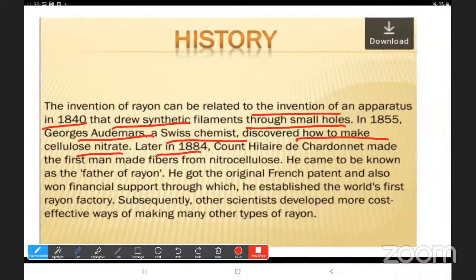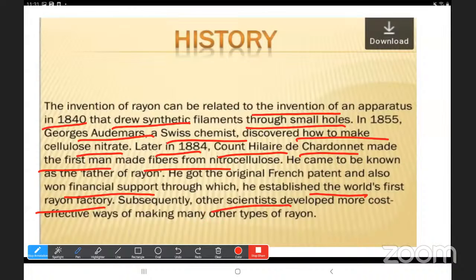Later in 1884, Count Hilaire de Chardonnet made the first man-made fibers from nitrocellulose. So he came to be known as the father of rayon. He got the original French patent and also won financial support through which he established the world's first rayon factory.